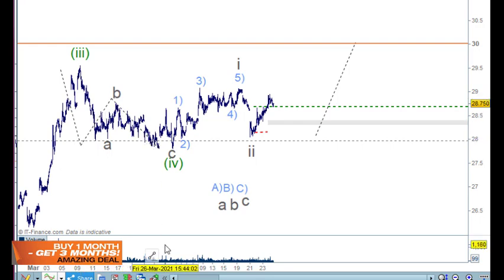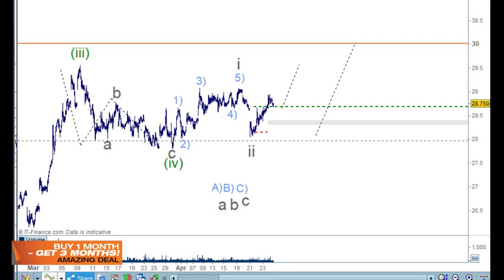So it's corrective. So that means it will be taking out the top here. It's possible to put wave 4 over here, but because this counts up here quite nicely as wave 1, I've left it as wave 1. So we should see it head higher in all of this. So we'll just leave that.